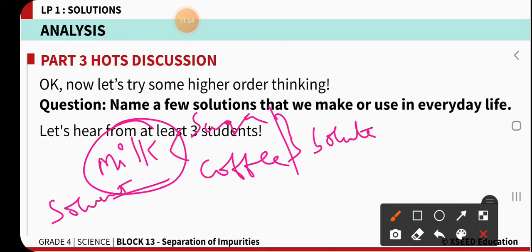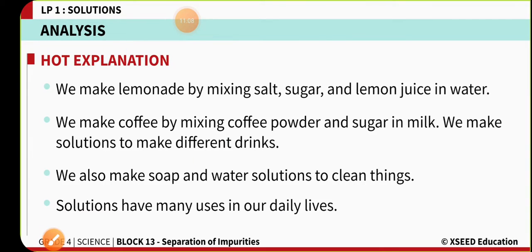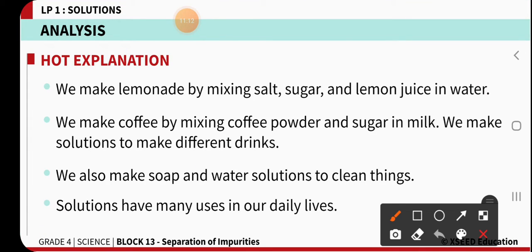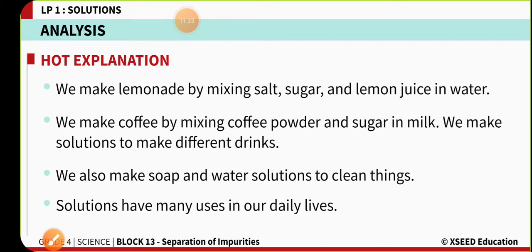Lemon juice is one more solution, where salt, sugar and lemon juice are the solutes and water is the solvent. We can even make soap water, where the soap is your solute and water is the solvent. Like this, we prepare n number of solutions in our day-to-day life.